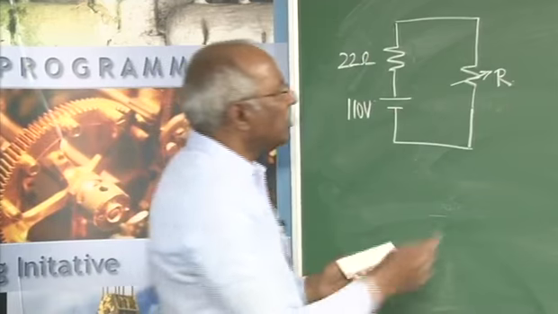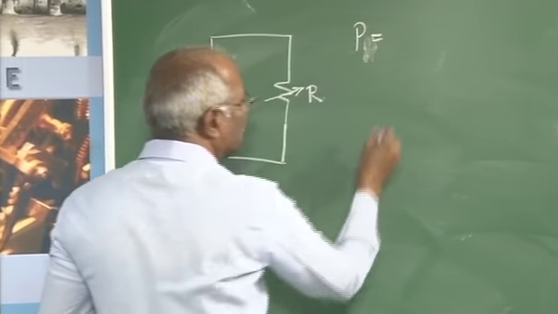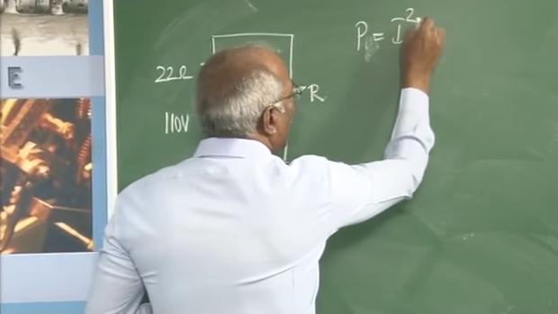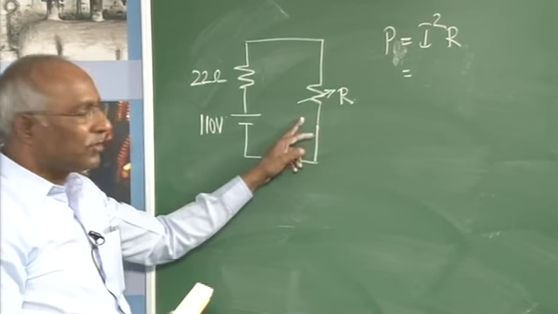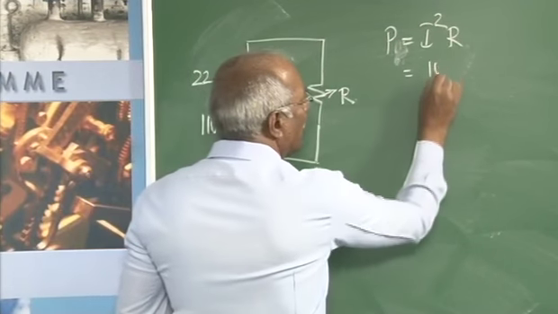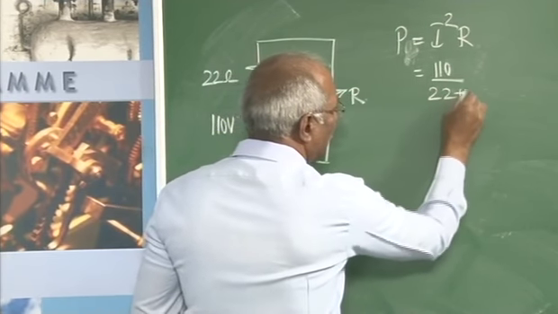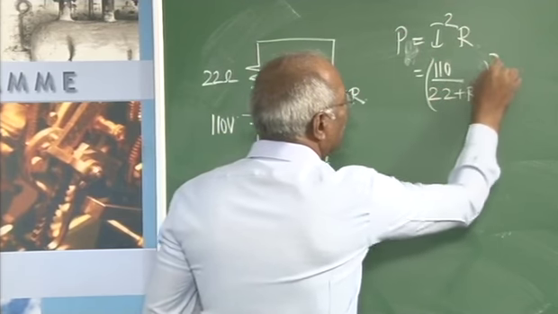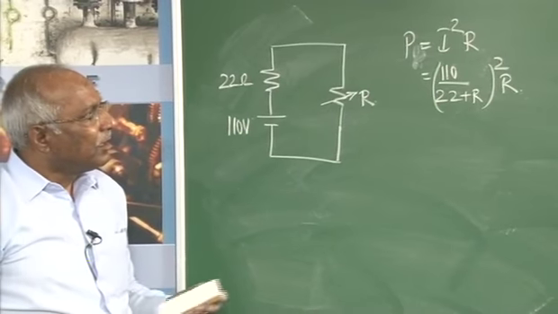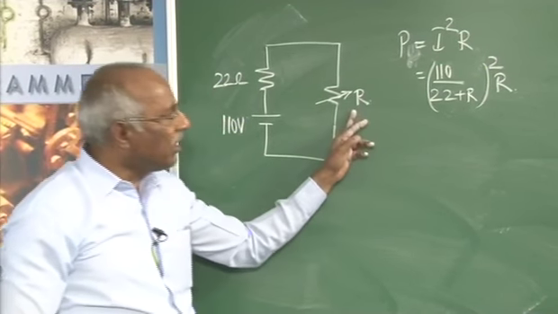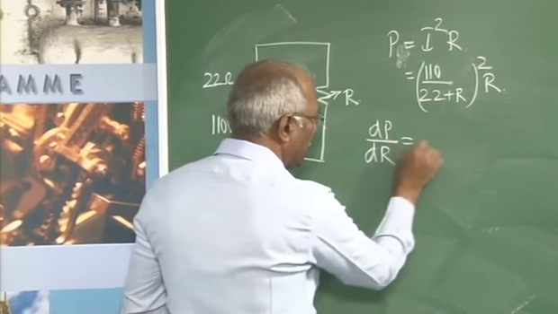In that respect, what is the power in this? P_R will be equal to I square into R. What is I? These two are in series, therefore the current will be equal to 110 divided by 22 plus R, squared, into R. In order that the power be maximum in R, dP by dR must be equal to 0.